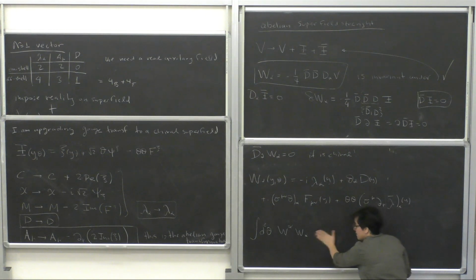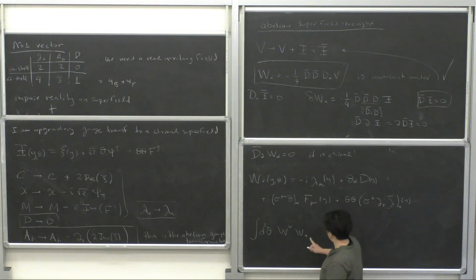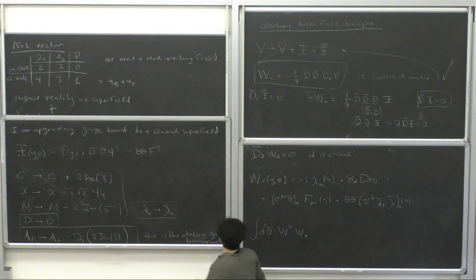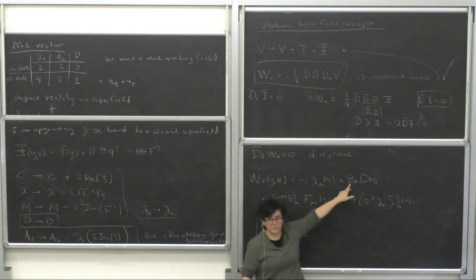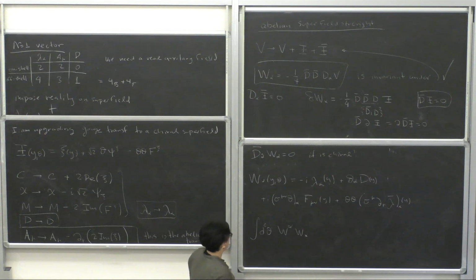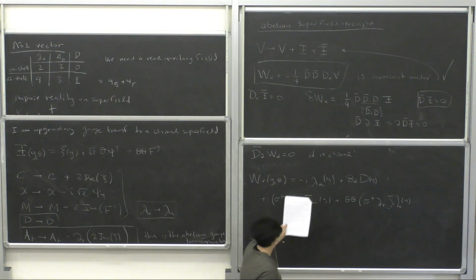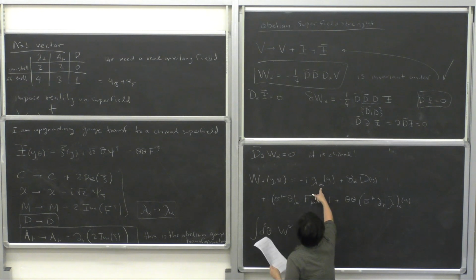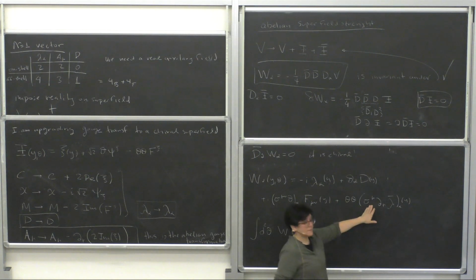But let me first write this out. And how do I write this? I take this and plug in, and I just keep only the guys with two thetas. So, trivially, I get from here, together with here, two thetas.